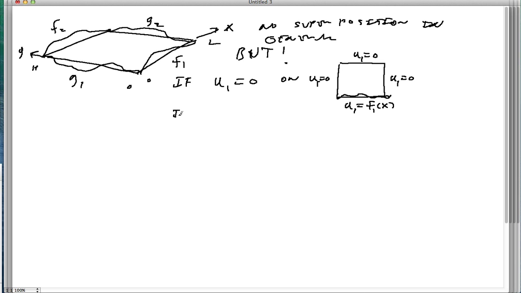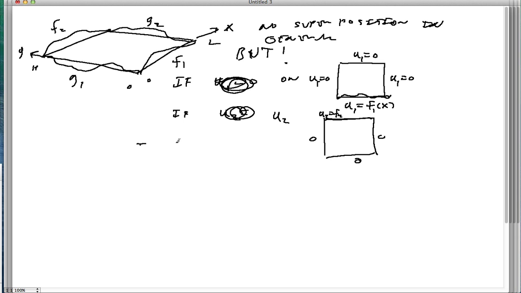And then if we have another solution here, we'll call it u2, which is equal to f2 on the top side, but it's 0 everywhere else.